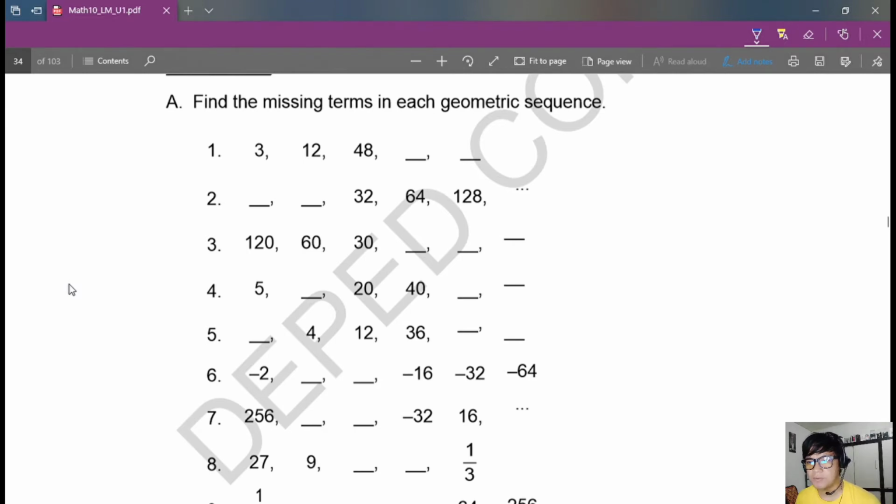So the common ratio here is, that is 12 over 3 is 12 divided by 3 is 4. So the common ratio is 4. So what shall we do? We're going to multiply 4 to identify the next term. So 4 times 48. So the next term here is 192.